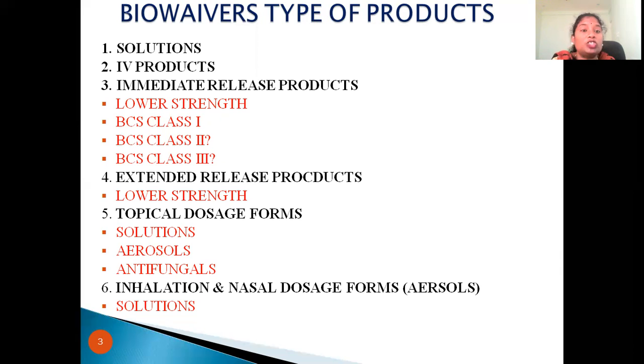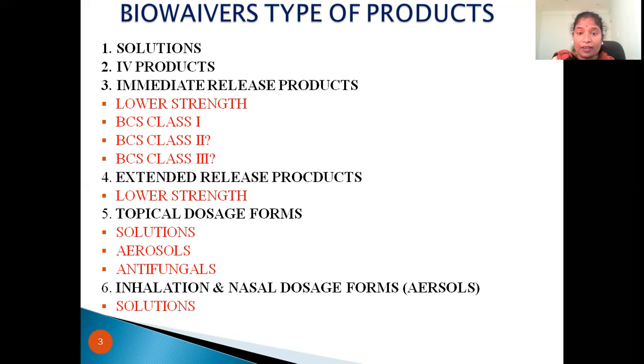The same response you will not get. So why do we need to conduct these bioequivalence studies again? The risk of therapeutic inequivalence of two immediate release products can never be reduced to zero. Even if full clinical studies are performed, we will not get the same result. That's why we do not go for clinical trials again.